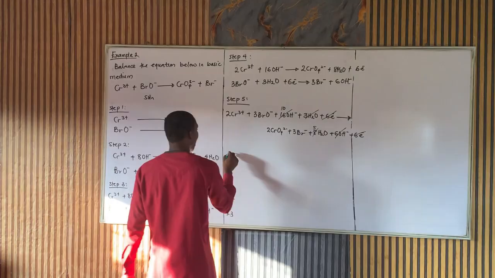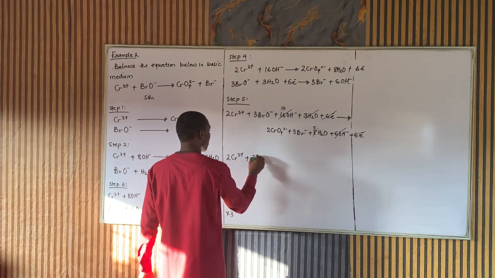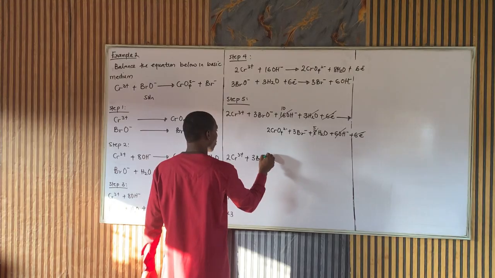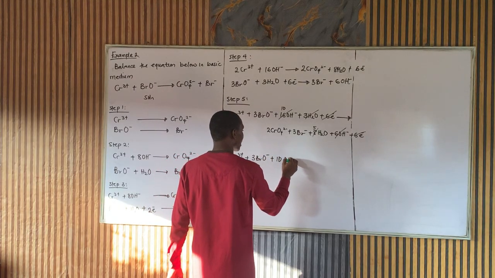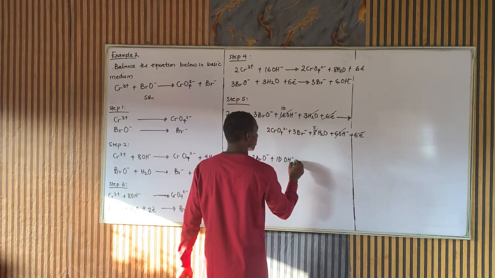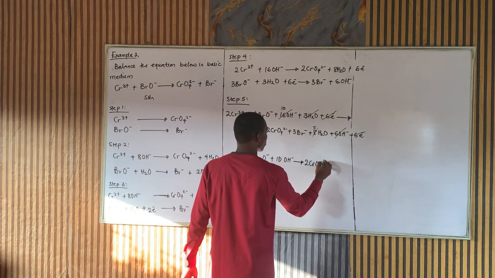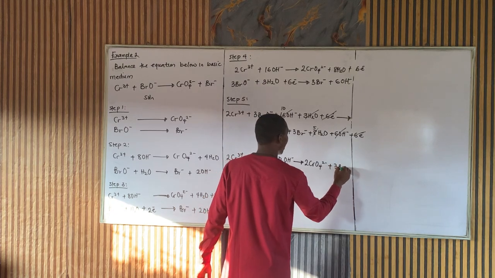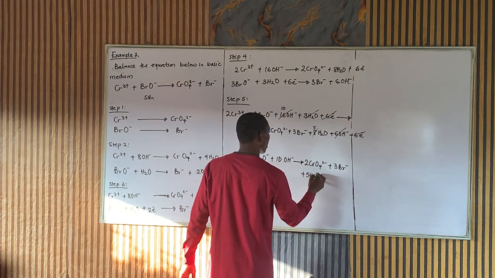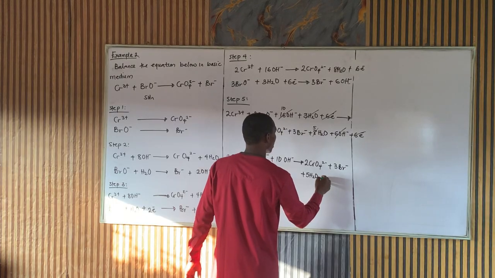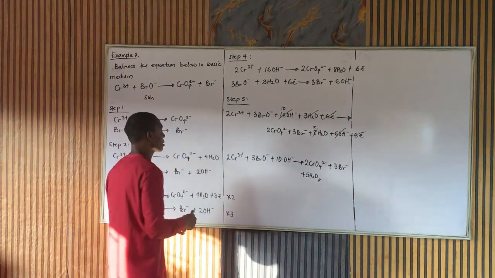Remaining. So we now have the final answer: 2 Cr3+ plus 3 BrO- plus 10 hydroxide ions to give 2 CrO4 2- plus 3 Br- plus 5 molecules of water, and that's all. And we can tell if it's balanced or not. Let's see now.